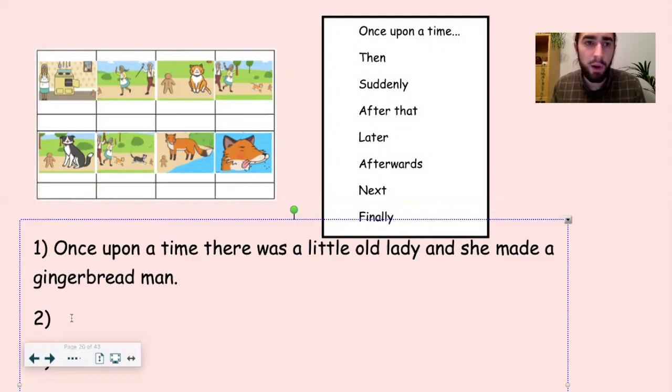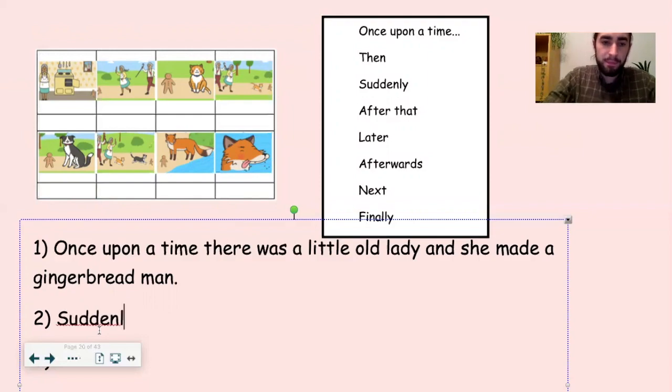And then the second part, what's happening in the second part? He's running away. The gingerbread, oh, I've nearly forgotten something. What did I forget? I'm starting my sentence with the gingerbread man, but we said we need to start with a time word. So I'm going to have a look at which time word to use. I'm going to use the word suddenly.